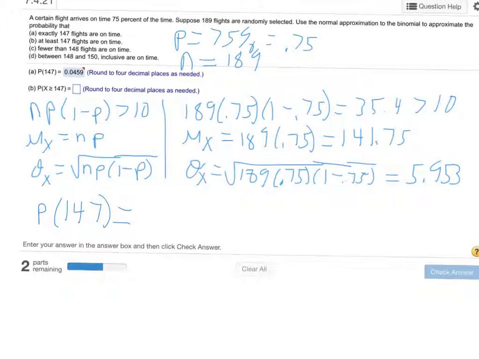Now, if you look at your handouts or your book, they tell you how to calculate the exact probability using the normal curve, and you want to add and subtract 0.5. So to calculate this, you calculate the probability that it's between 146.5 and 147.5.